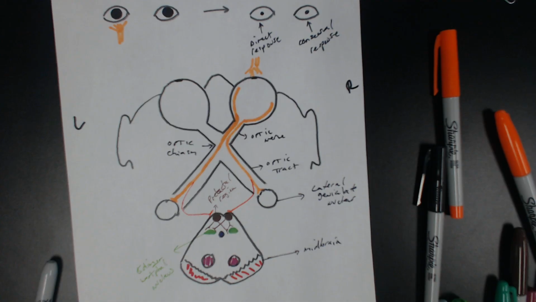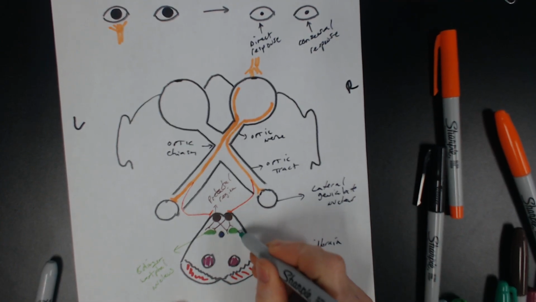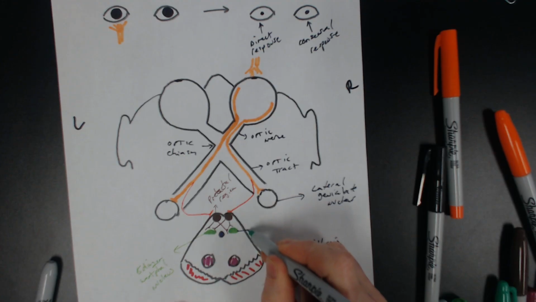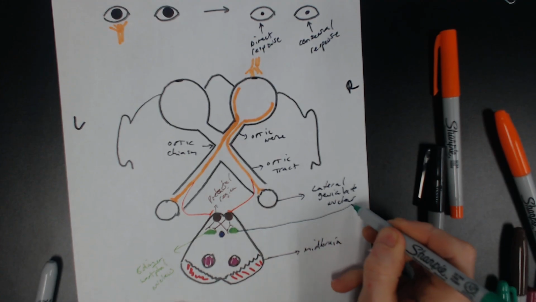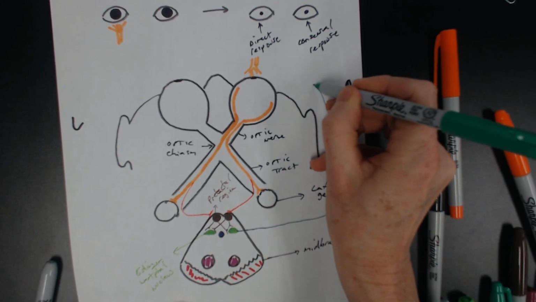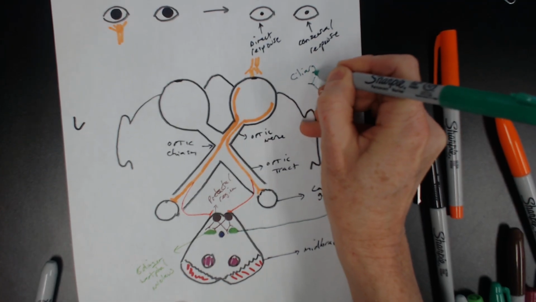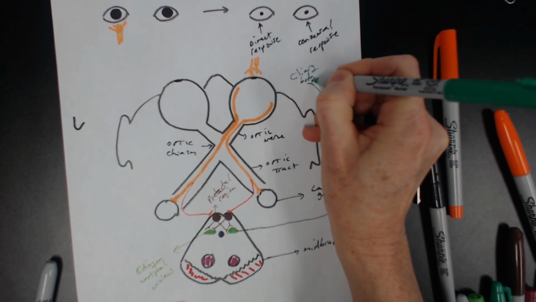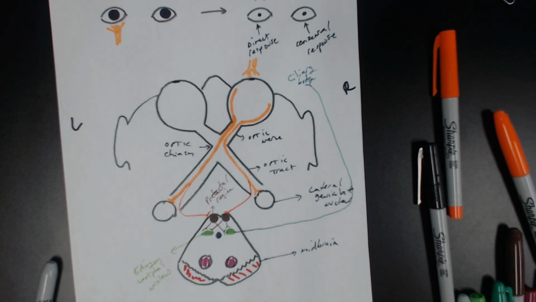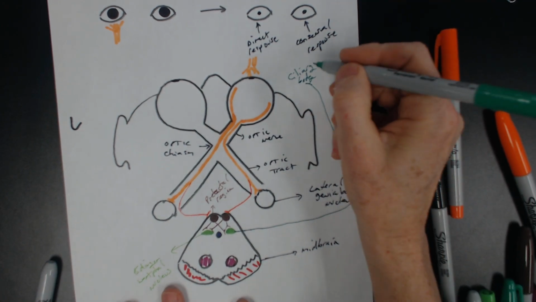Edinger-Westphal nucleus travels as part of cranial nerve number 3. If you remember, axons from the Edinger-Westphal nucleus traveling as part of cranial nerve number 3 come on up here and synapse with the ciliary body and the sphincter pupillae.